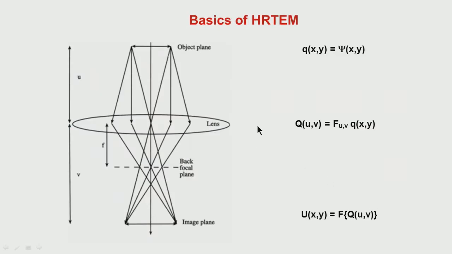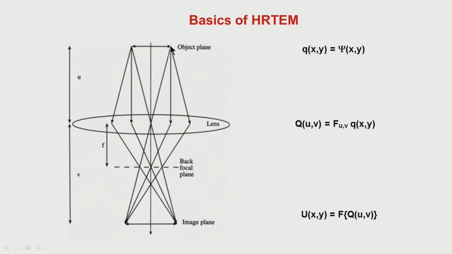Now, in today's class we will look at high resolution in a different way. The way we consider it is that we have a beam, and it is a plane wave. The plane wave is propagated. As that wave enters the sample, the sample gives rise to scattering.